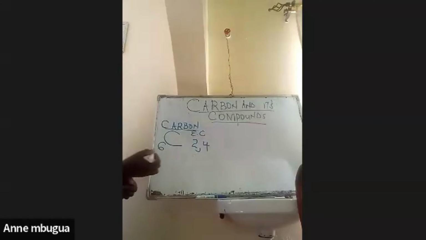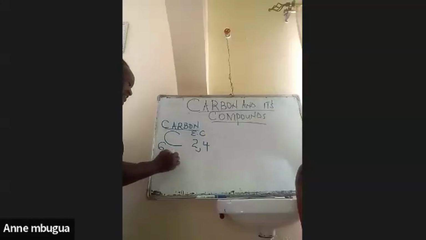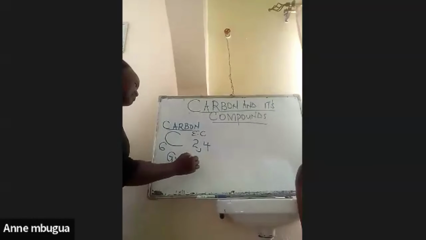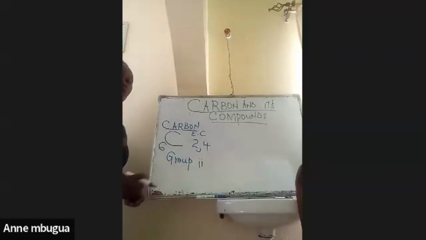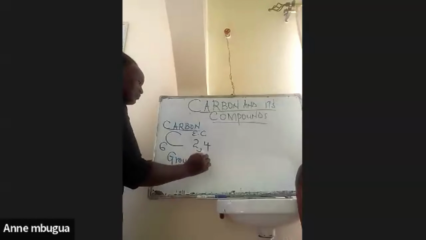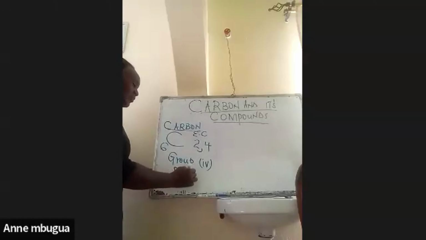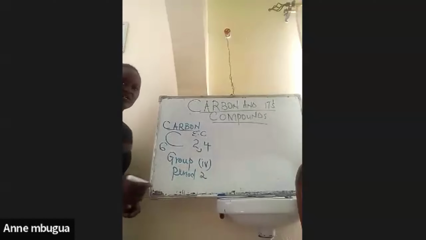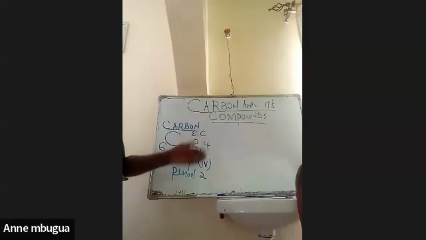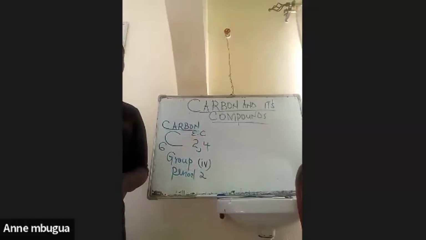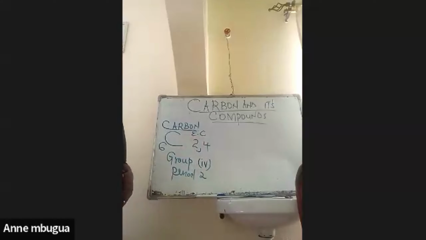And from the electron configuration, it belongs to group 4 of the periodic table, and it belongs to period 2 of the periodic table. So in the periodic table, the element carbon can be found in the 4th group and in the 2nd period.